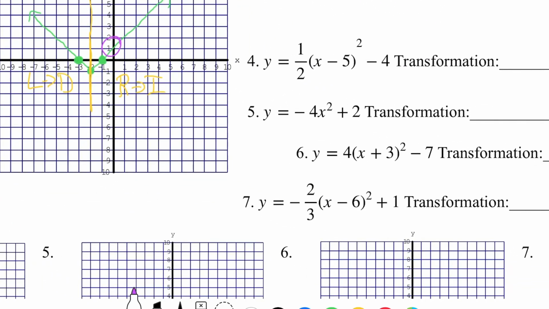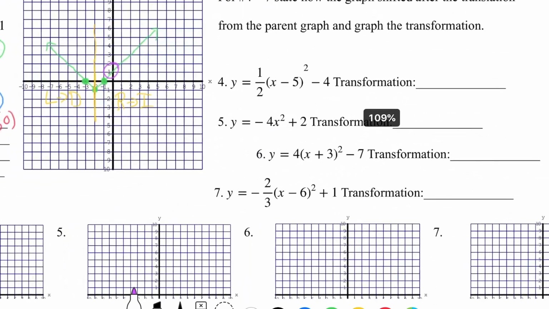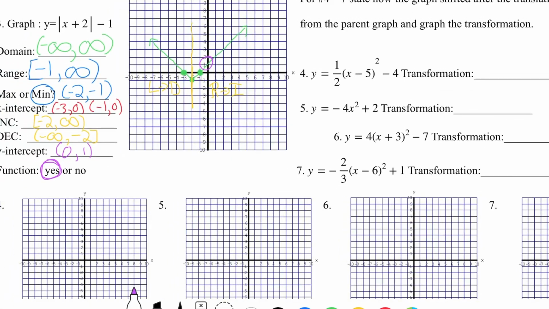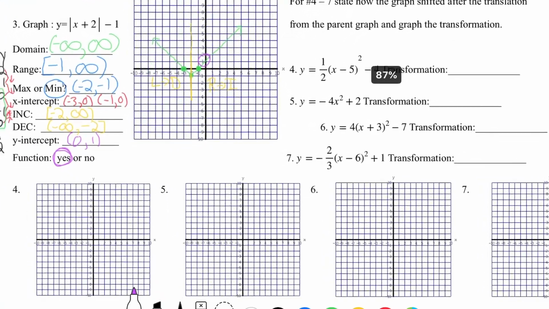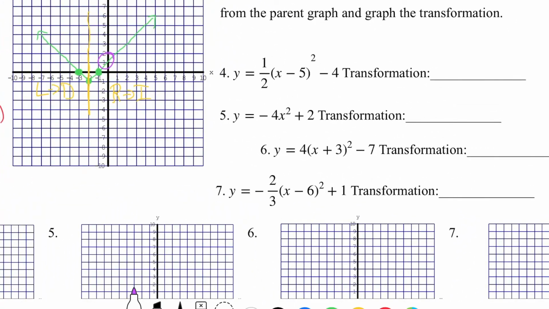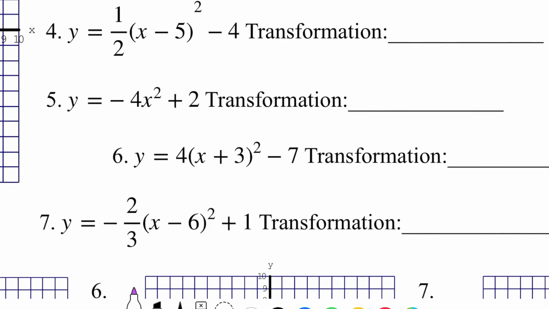Number 4, we are determining our transformation. We're determining our parent function. And we are graphing them. So I'm only going to do these. I'm going to do one very slowly, but then I'm going to do the other ones very quickly.